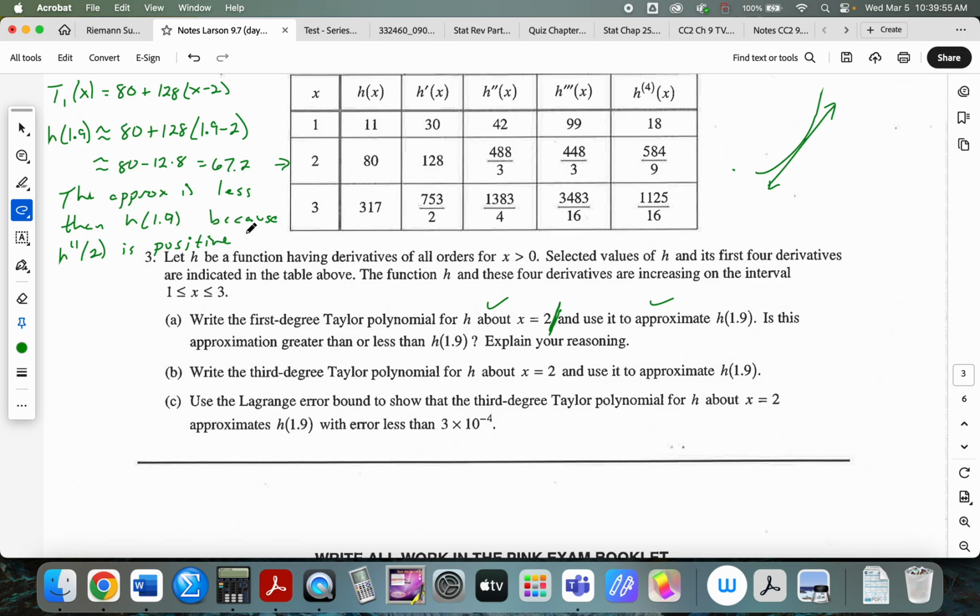All right, part B: write the third degree Taylor polynomial for h about x equals 2 and use it to approximate h of 1.9. You're like, okay, well, it's going to start off exactly the same way.